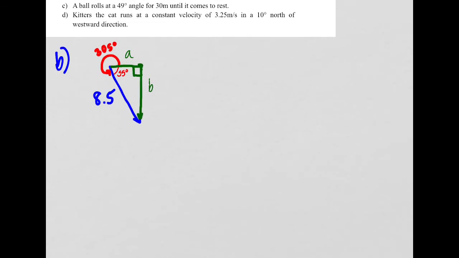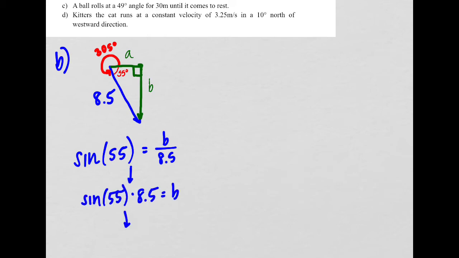All right, so now we're going to solve. We have A and B here. We're going to do the exact same thing we just did. We're going to use sine of 55, sine of theta. Opposite, which would be B, equals opposite over hypotenuse, which is 8.5. When I rearrange and plug that in, I find that B is 7.0.